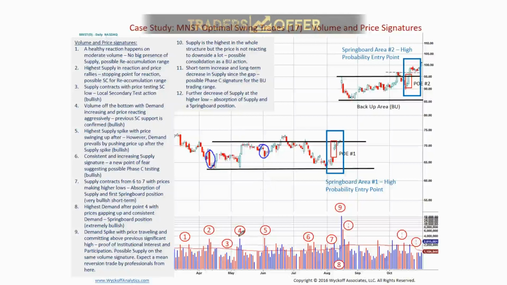And we could compare them, and looking at these two bars right here, I could say by the signature of the effort that the effort is slightly increasing or staying the same, and yet the result is so much less. So therefore, just based on this signature, we could expect some kind of bullish move out of here. And obviously, further price confirmation comes later.